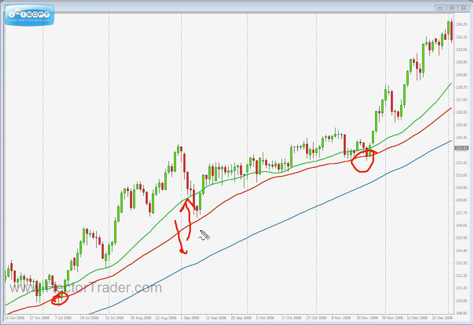As long as you don't begin to get one, two, three, four bars closing below the 50, as long as it's just a quick dive below and immediately after, bang, it goes back up, then you are alright. As long as price gets nowhere near the 100, that is okay whenever it begins to turn around.